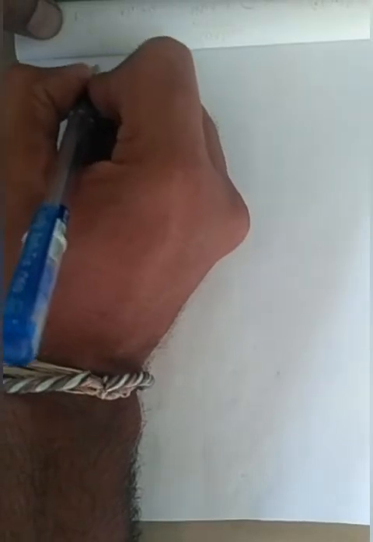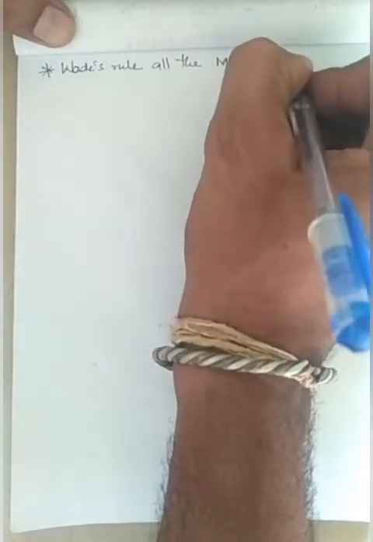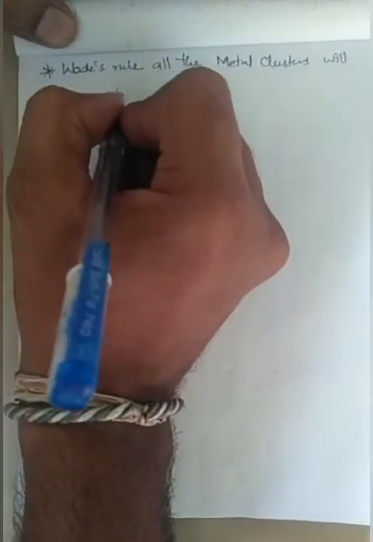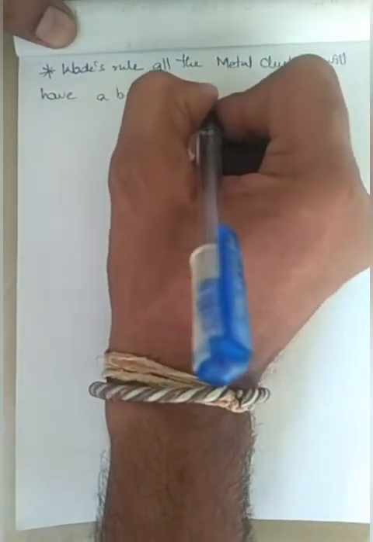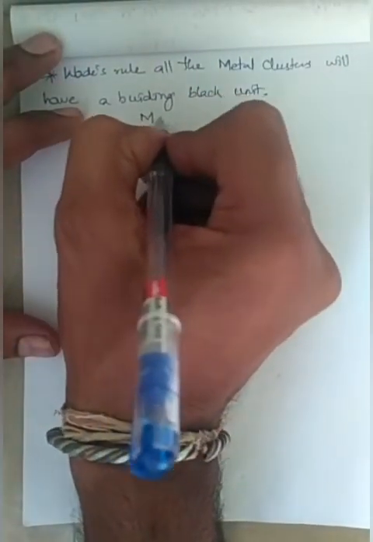So as per Wade's rule, all the metal clusters will have a building block unit, and this building block unit is M(CO)3.